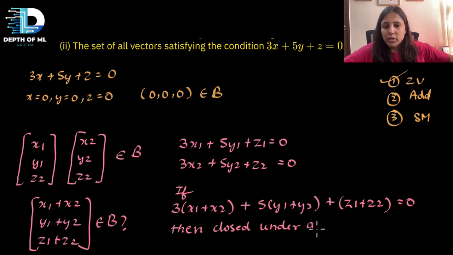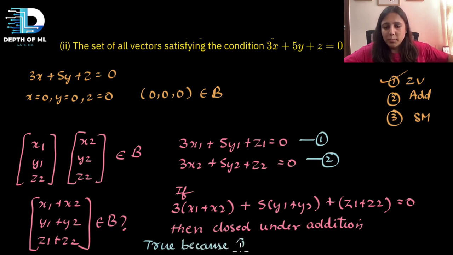Now can you see that this is true? Because if you add these two equations, you will get 3(x1 plus x2) plus 5(y1 plus y2) plus (z1 plus z2) is actually equal to 0, right? So this is indeed true. This is the first equation, this is the second equation. True because of 1 plus 2. Because this is true, hence this is closed under addition.